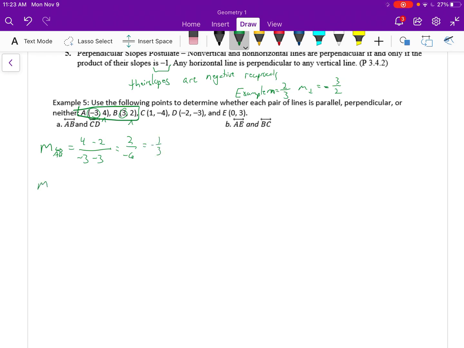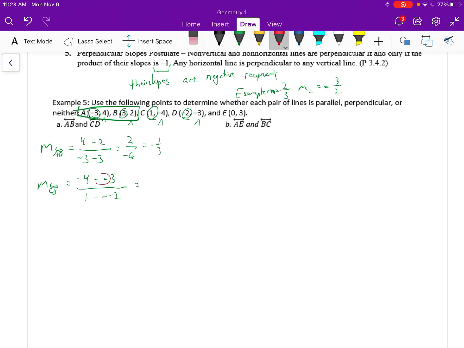And then the slope of line CD. CD, well, that's y sub 1, negative 4, minus y sub 2, so be careful of this, it's minus negative 3, over x sub 1 minus x sub 2, so minus negative 2.